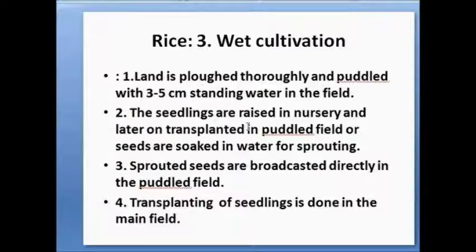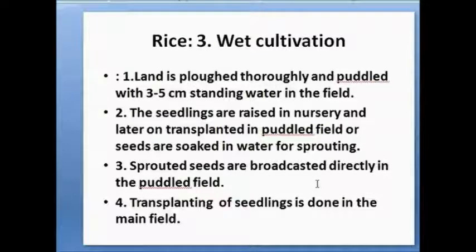So important thing in this wet method of rice cultivation is that transplanting of seedlings is done in the main field. So generally direct sowing is not done in wet cultivation, but seedlings which are grown somewhere, they are brought and transplanted.